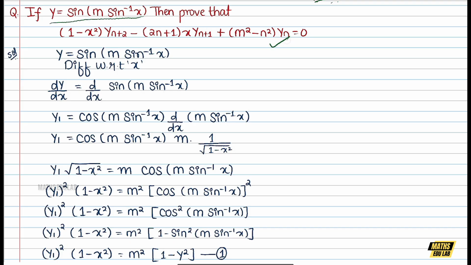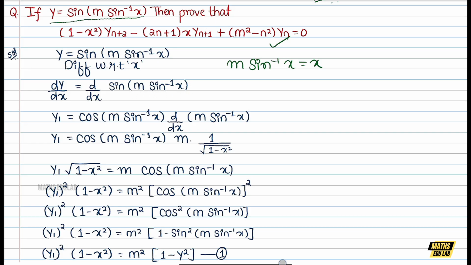So let me consider y is equal to sine m sine inverse of x. When we do the derivative, consider this m sine inverse of x as x. The derivative of sine x will be cos x. So now we will follow the chain rule.